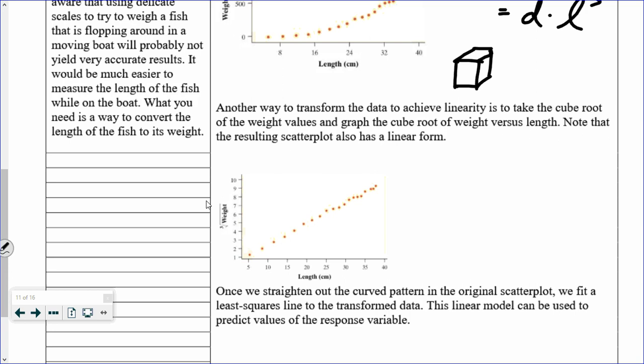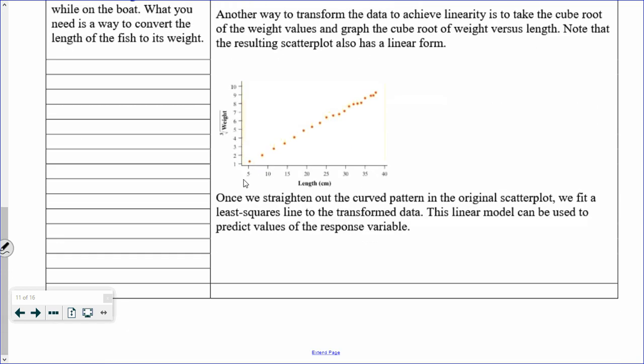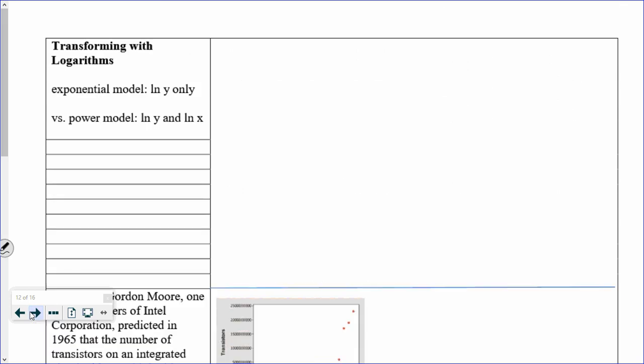So sometimes we're going to do transformations on the response variable, the variable on the y-axis, and then sometimes we'll also do transformations to the x variable, the explanatory variable as well. That's really going to depend on the type of relationship. So that's page 1, setting the stage.